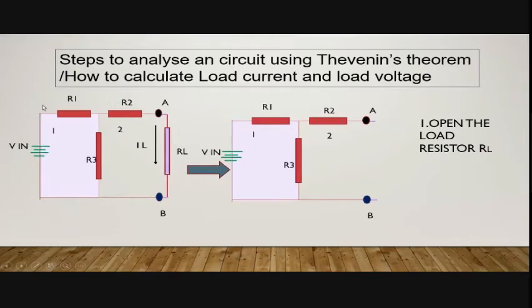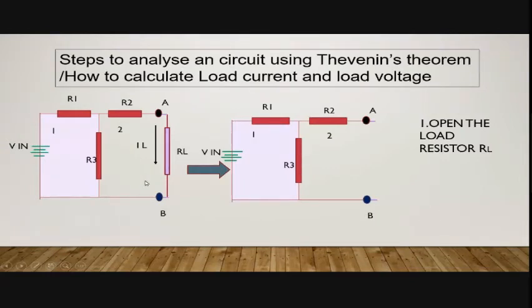Okay, and if you look at this circuit, how many loops are you having? You are having 2 loops. This is loop 1, where the current will be flowing like this, from the negative terminal like this, and then back to R3. And in loop 2 again you will be having a current flowing in the clockwise direction.